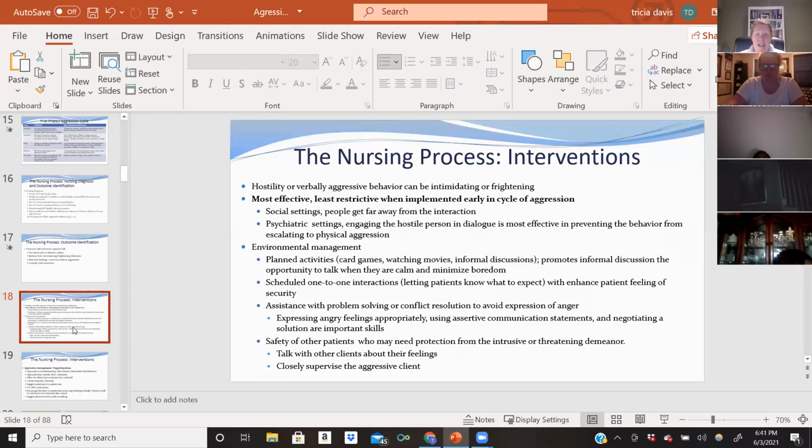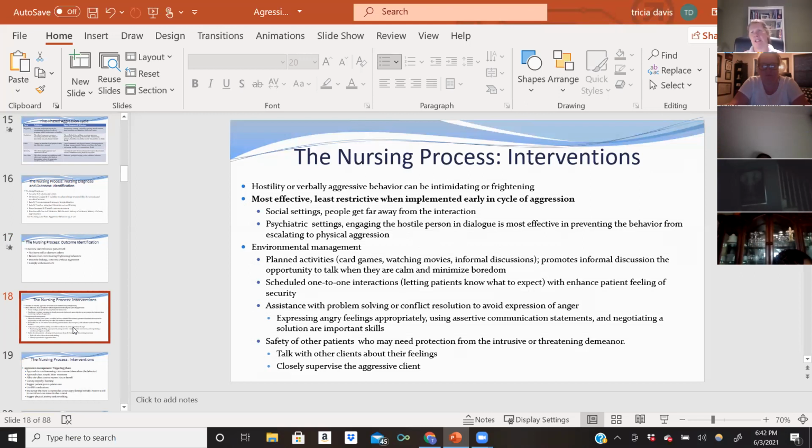The most effective and least restrictive interventions, when implemented early in the cycle of aggression, are going to have the most positive outcomes. So we want to see those triggers, see when that patient is starting to go towards aggression or that hostile behavior, and then we want to kind of head it off and do interventions that are the most effective, but also the least restrictive.